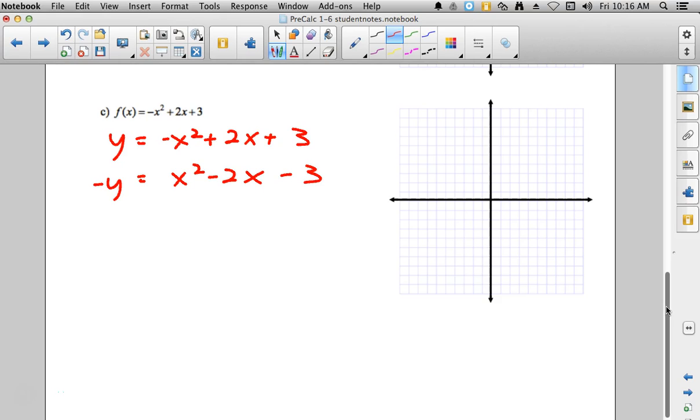What's our next move to complete the square? Yeah, that -3, that is not helping us at all. That is not what we need to complete the square. What do we need?